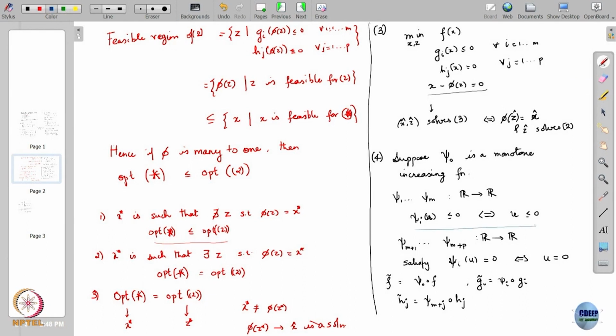That follows from the property here. And similarly, you can do this for all the inequality constraints together.